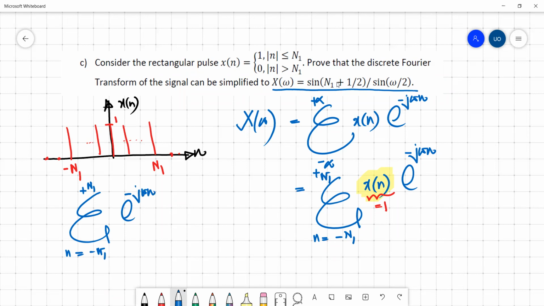So we have this summation, minus n1 to plus n1 e to the power minus j omega n. If you have a double-sided sequence, it is trickier, because we know that if it is a single-sided sequence having a finite length, we can easily get the summation of these n terms. You can simply refer to the geometric series.